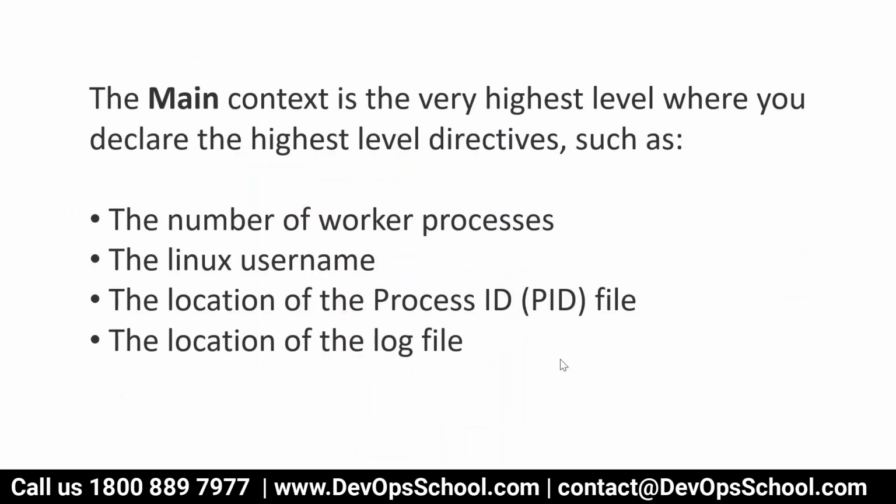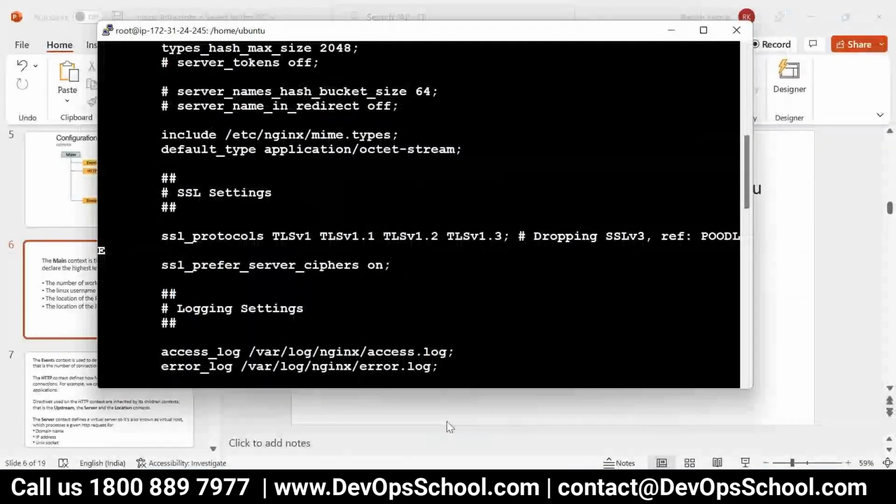The main context is the very highest level where you declare the highest level directives, such as the number of worker processes. That means how many requests you are supposed to receive and process. Also the Linux username, the location of the process PID file, and the location of the log file.